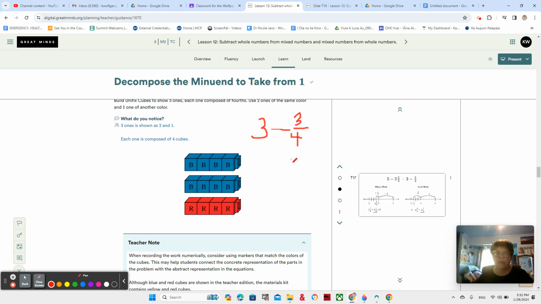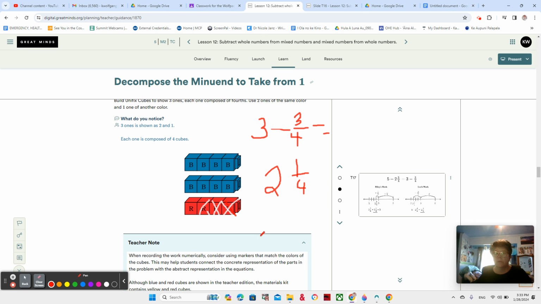And I'm going to take away 3/4. Let's try white. Take away 1/4, take away 2/4, take away 3/4. What do I have left? I still have 2, and 1/4.